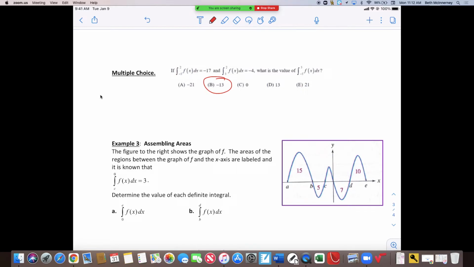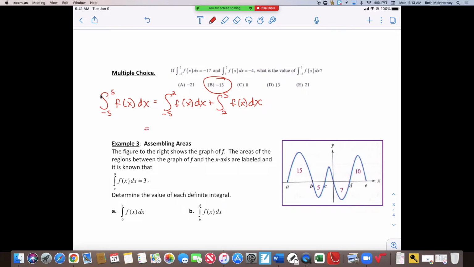All right, so in this one, what I know is the integral from negative 5 to 5 f of x dx is going to be equal to the integral from negative 5 to 2 f of x dx plus the integral from 2 to 5 of f of x dx.